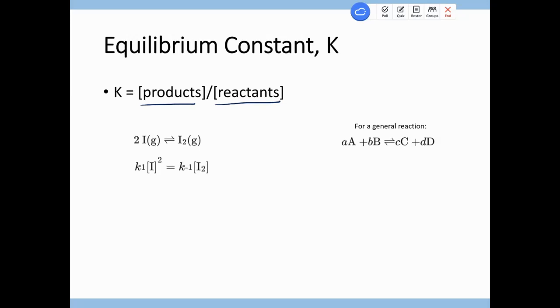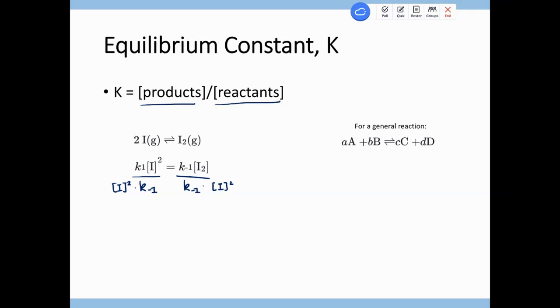We can rearrange this to get rate constants on one side and concentrations on the other. So if we divide both sides by k minus 1, the rate constant of the reverse reaction, and divide both sides by I squared. What this will do is cancel out k to the minus 1 on this side.